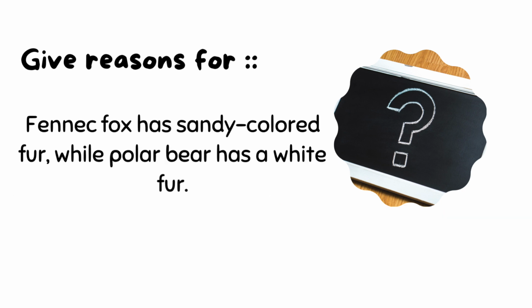The question here is: fennec fox has sandy colored fur while polar bear has white fur. Here we need to answer why fennec fox has this sandy color, and then we talk about the polar bear and why he is white. So we have two parts here.